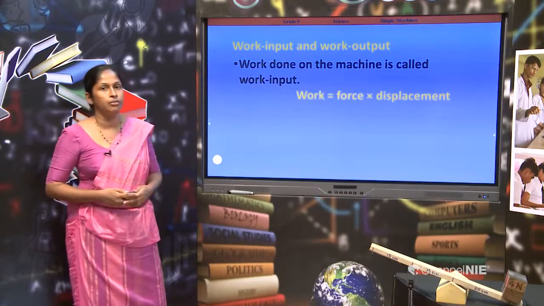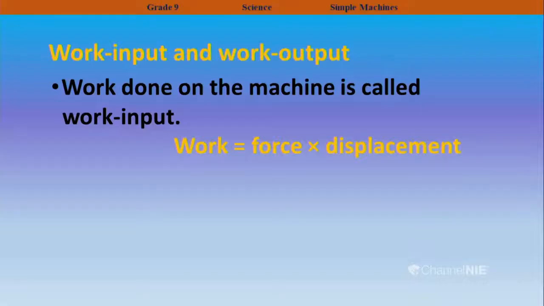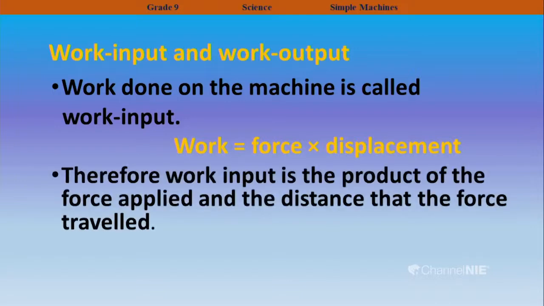Normally, work can be calculated as force into displacement. In this way, work done on the machine, or work input, can be calculated by effort into displacement of the effort.